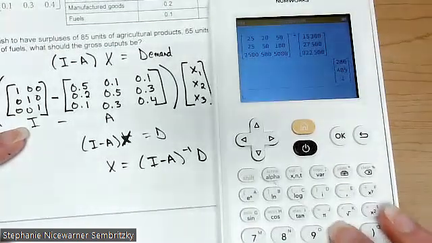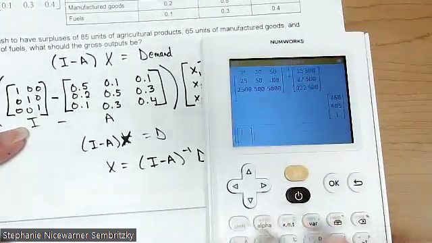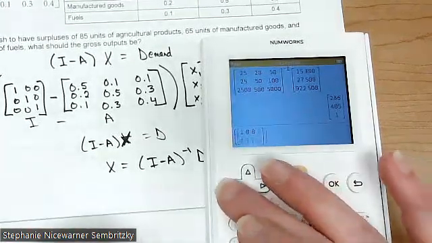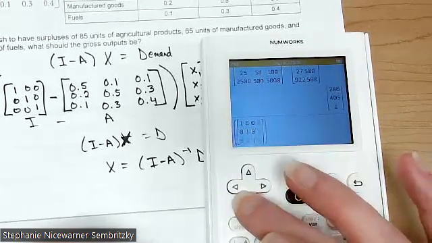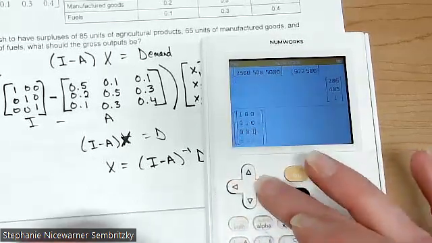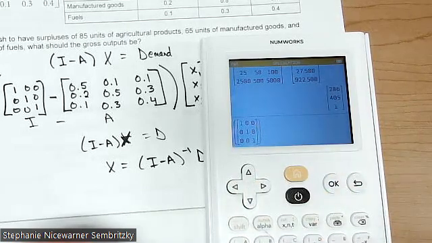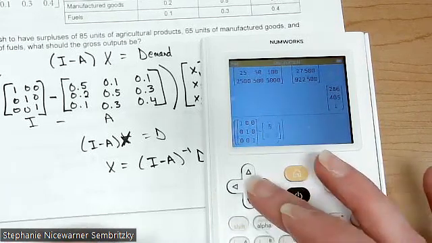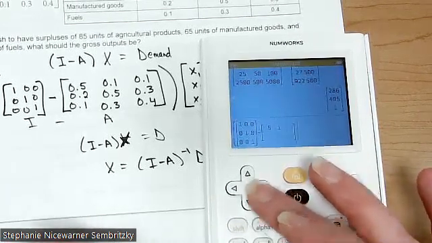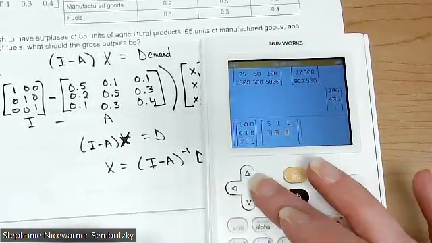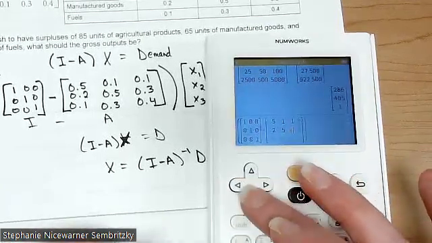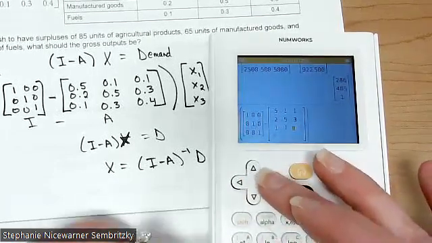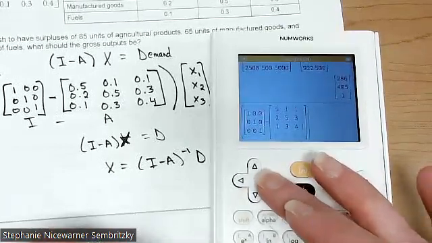So I'm going to put those in parentheses. I is 1, 0, 0, 0, 1, 0, 0, 0, 1, minus 0.5, 0.1, 0.1, 0.2, 0.5, 0.3, 0.1, 0.3, 0.4.